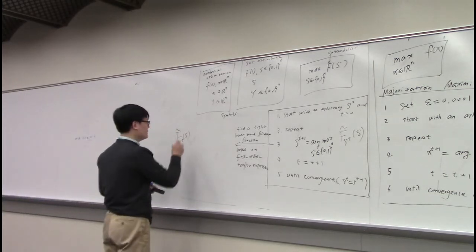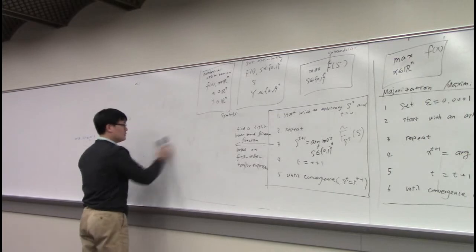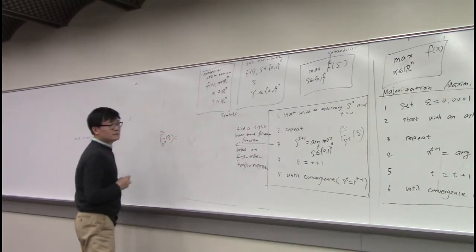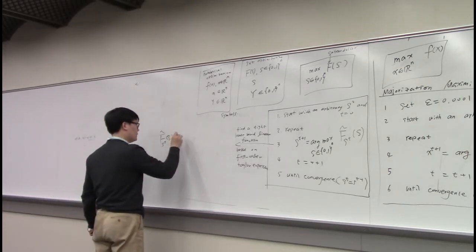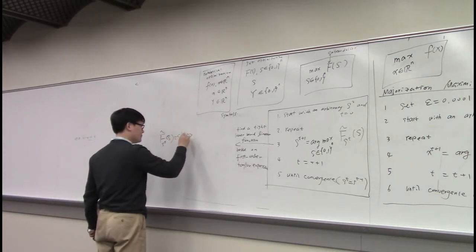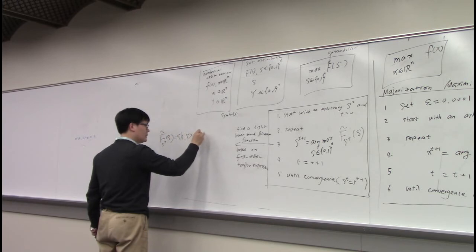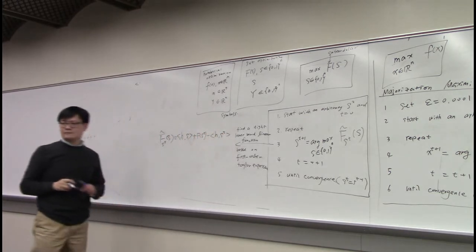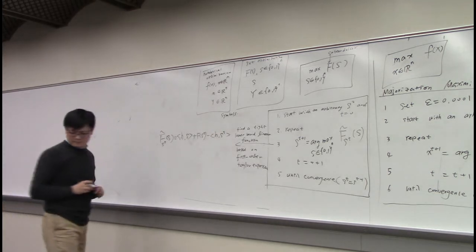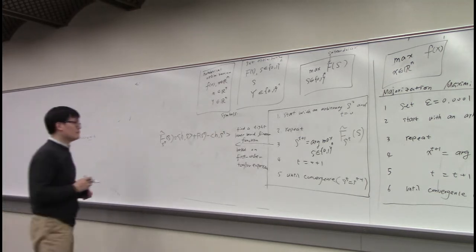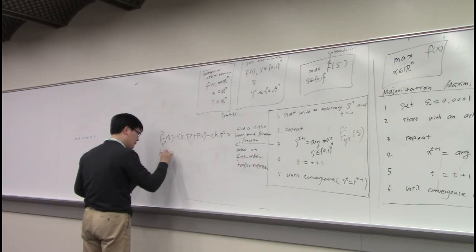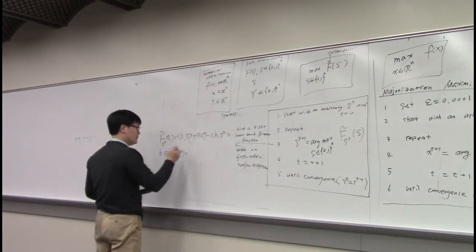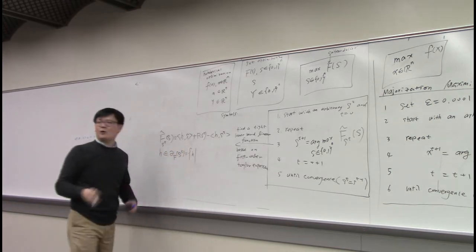It is h(S) plus F(S_t) minus h(S_t), where h belongs to the set of all h that satisfy the lower bound property.